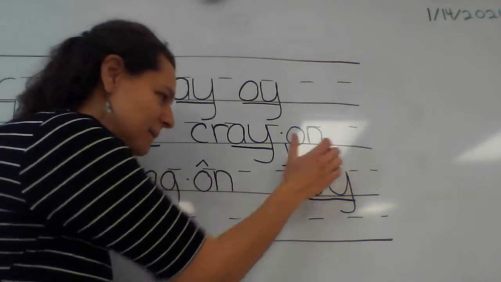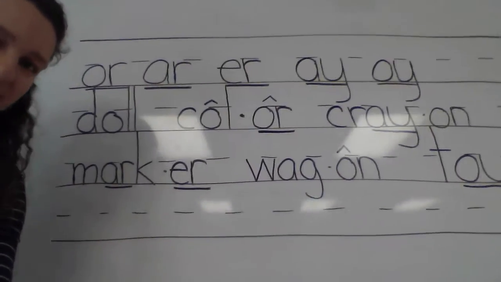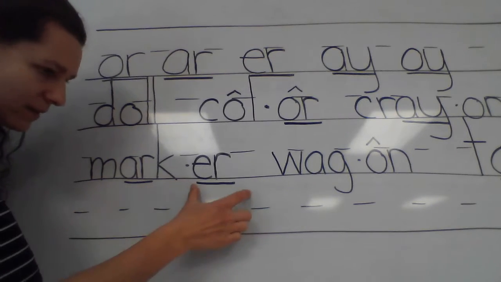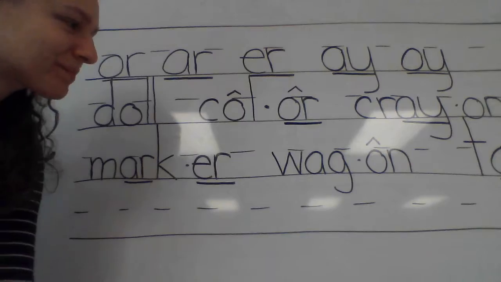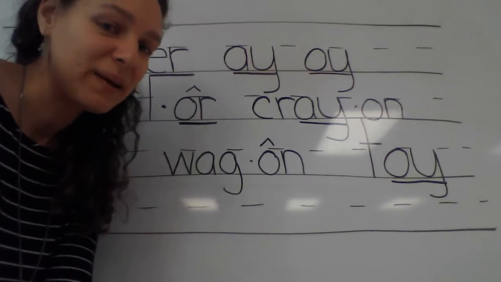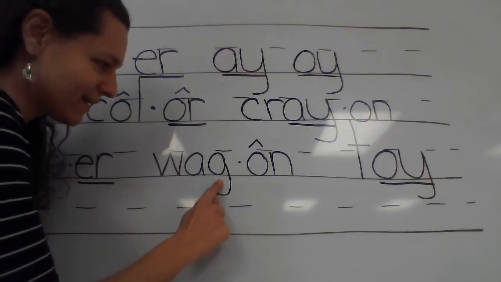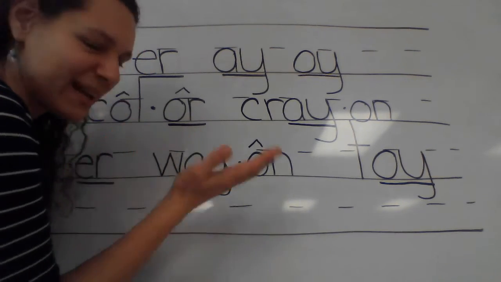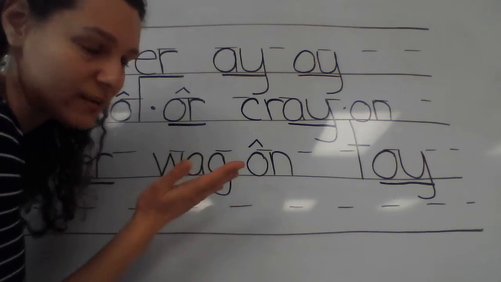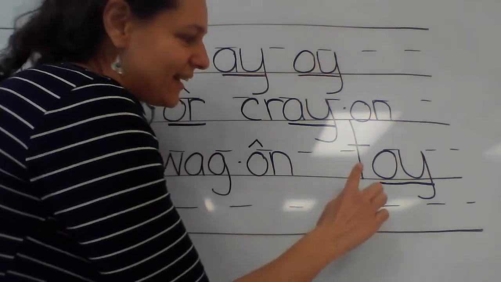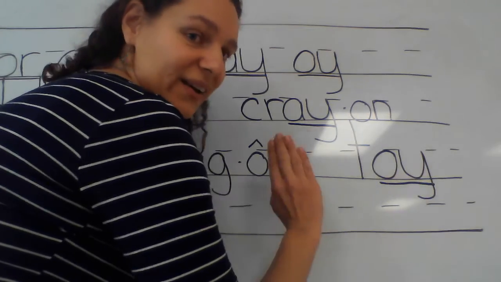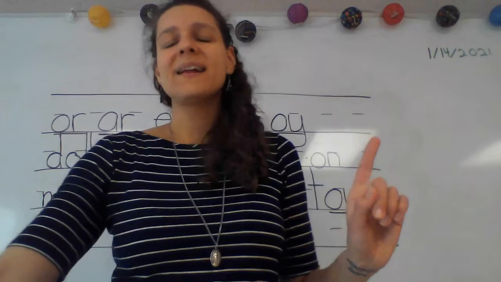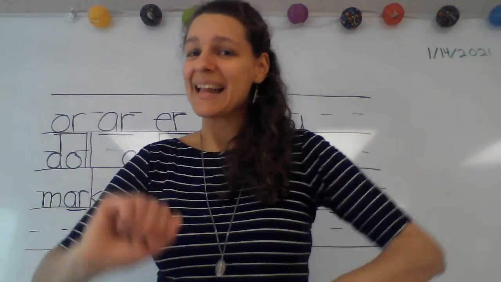Good, crayon. How about this one? Good, marker. All right, remember, first we say it the way we say it to spell it. Good, wagon. But how do we say it when we're talking? Good, wagon. And finally, good, toy. All right, nice work, class. Go take a little break. We'll practice these words again in another video.